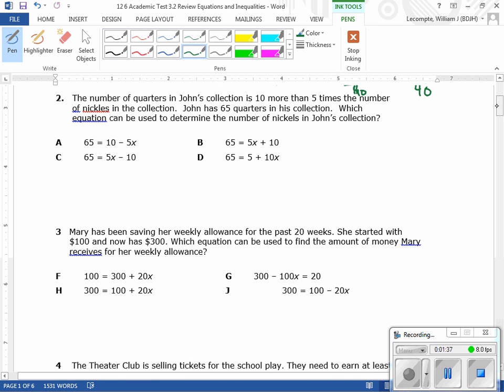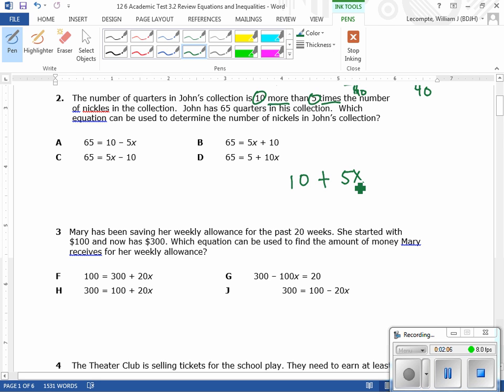Number 2, the number of quarters in John's collection is 10 more than 5 times the number of nickels in the collection. John has 65 quarters in his collection. Which equation can be used to determine the number of nickels in John's collection? So if you think about this, I have 10 more than 5 times the number of nickels in the collection. So what does that look like? 10 more than 5 times the number of nickels.